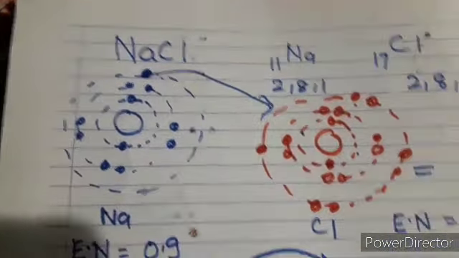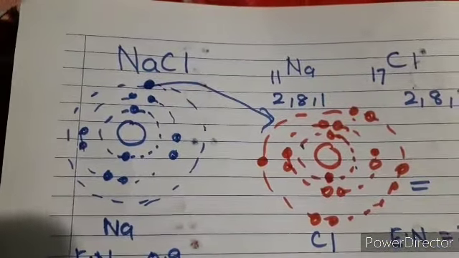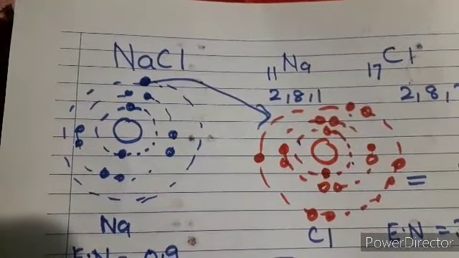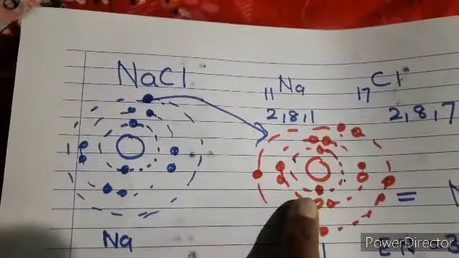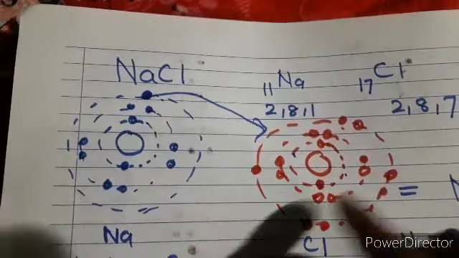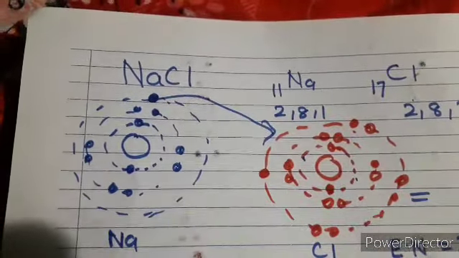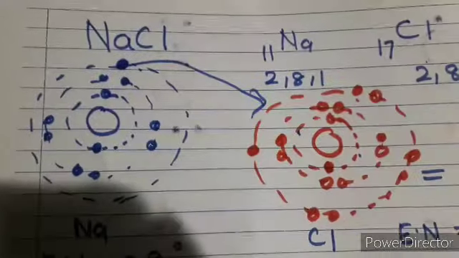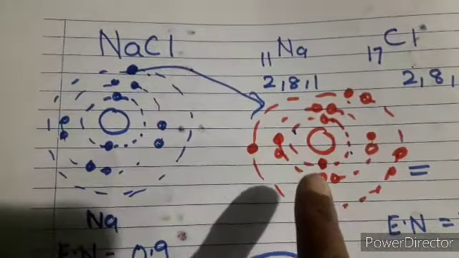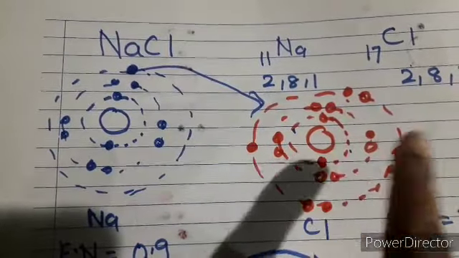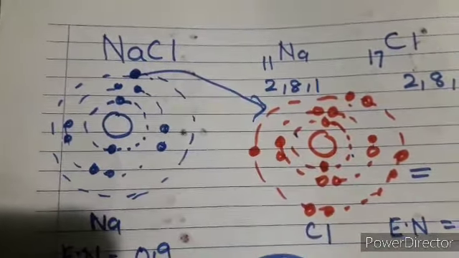No matter, the number of shells are the same, both of them come in the same period, and if you compare their atomic size, this is less than this. But we are not focusing on the atomic size, we are focusing on the nuclear charge concept. Its nuclear charge is more, right? So it will attract the electrons with a greater tendency in comparison to sodium, right?